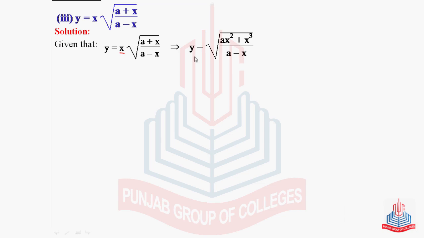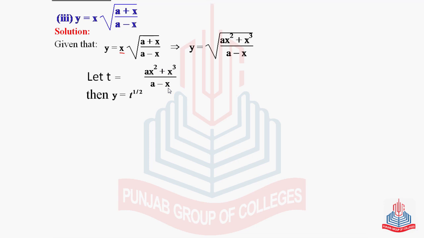So now y will reshape into the function like a x square plus x cube over a minus x, and we can easily substitute this inner function in the form of t, and then y will become t square root. So let t is equal to a x square plus x cube divided by a minus x, and hence y will become t raised to the power 1 by 2, because this whole portion is substituted in the form of t.